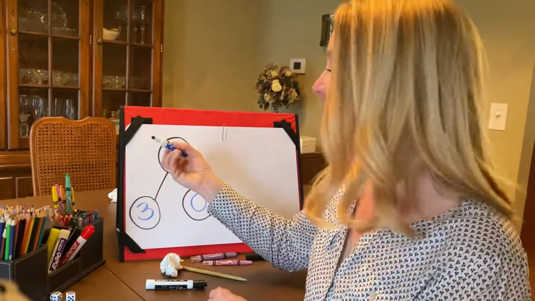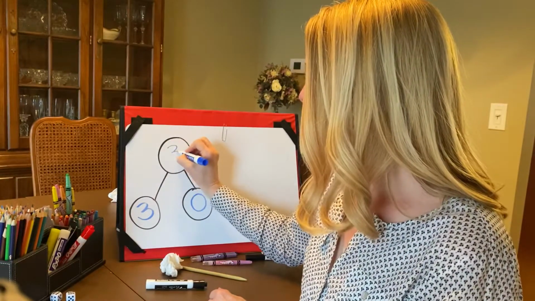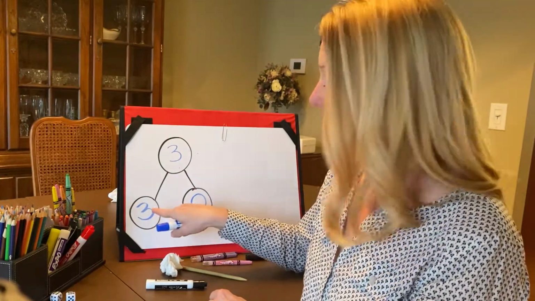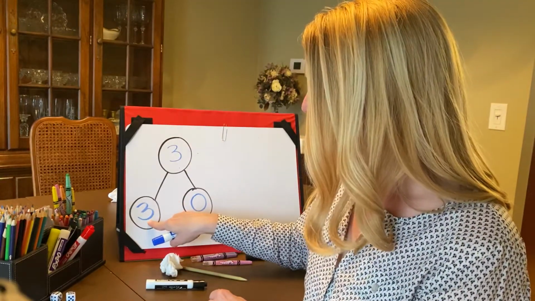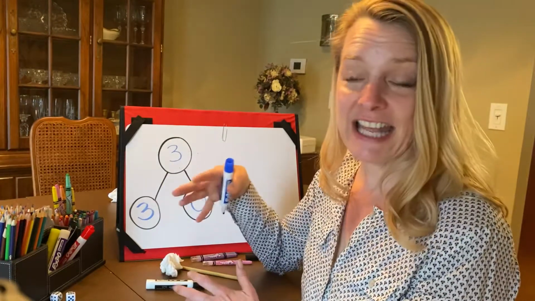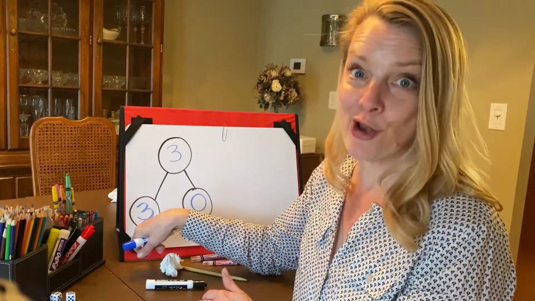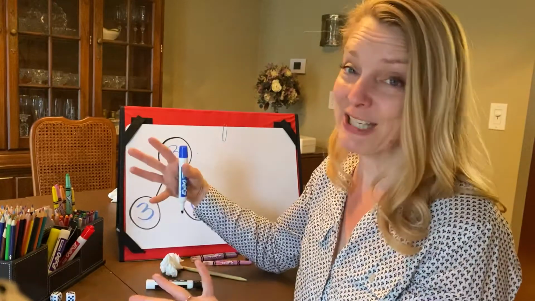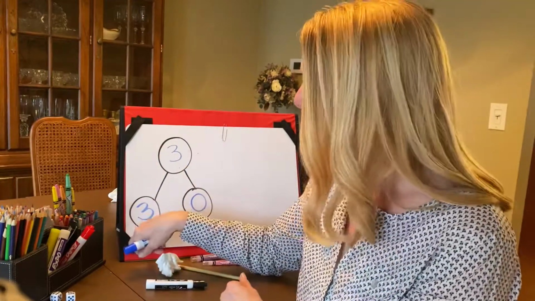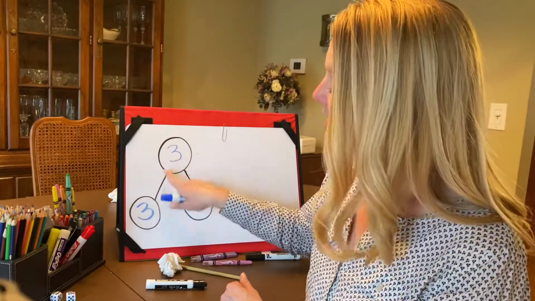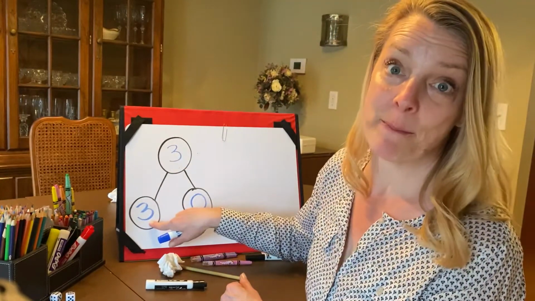So anytime you're adding 0 to a part, the answer, the number in the whole, is always the other number, because you're not adding anything. You have your part, you're not adding anything, and your answer, the number in the whole, is the same as the number in the part.